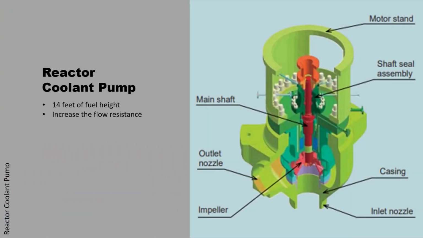The effective fuel height of the US-APWR has been increased to 14 feet, which has increased the core's flow resistance. Since the major system loop's total flow resistance does not significantly change from that of the APWR, the large capacity pump, whose impeller and diffuser were designed to achieve improved pump efficiency, is identical to that of the APWR.